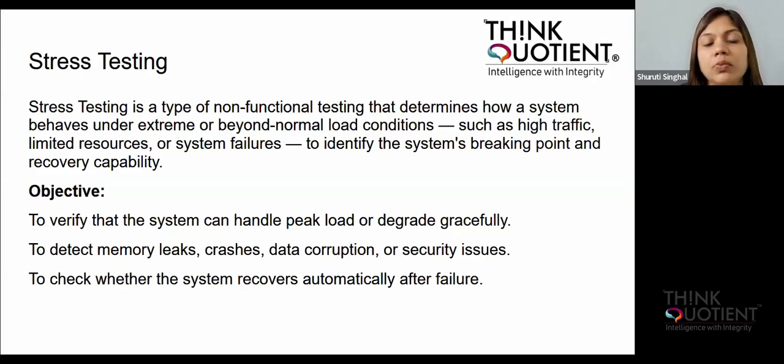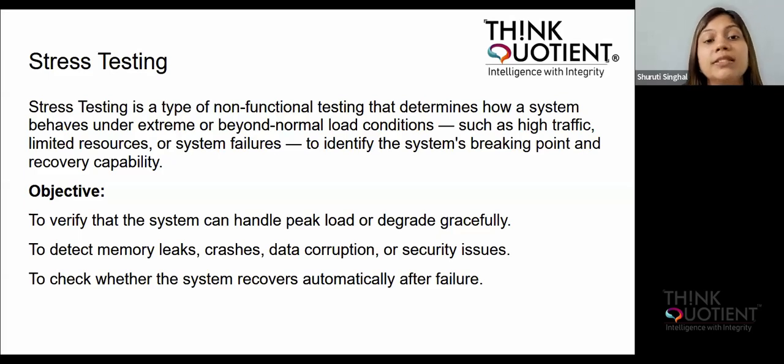So let us understand this with a real life usage. Imagine you have an online stock trading platform during a market crash, where thousands of users are placing trades in a panic situation. A lot of people will come because it is a panic situation.